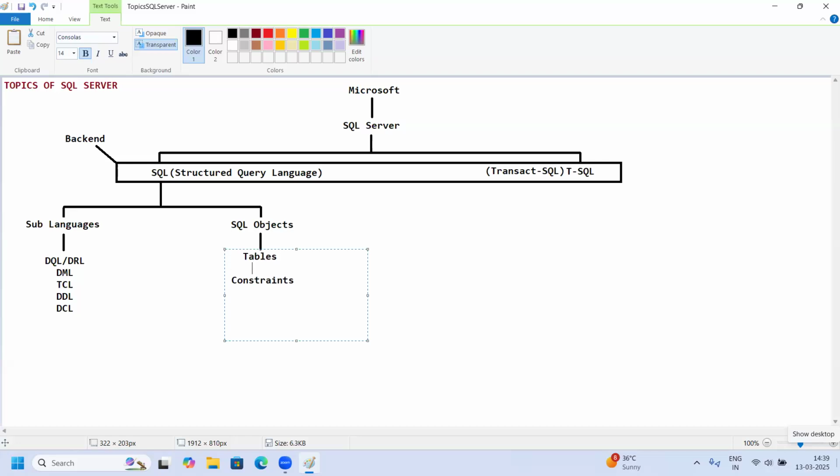One category is system tables. Second category, user-defined tables. Then temporary tables. Then you talk about magic tables. Then you talk about table variables. Yes, these all we will study.